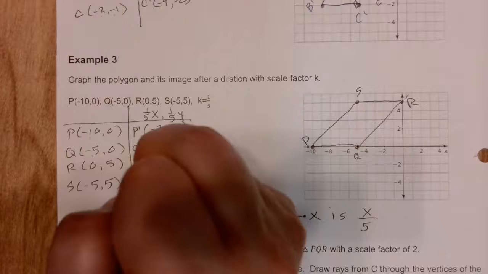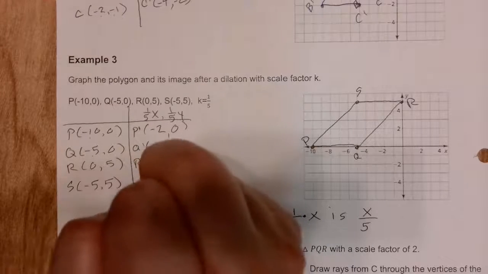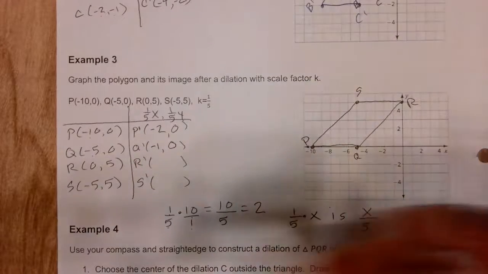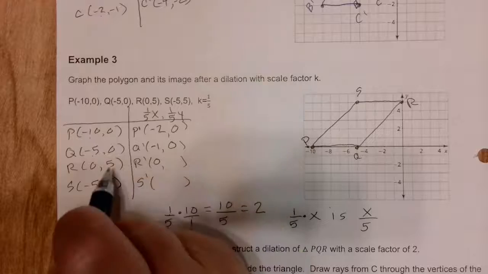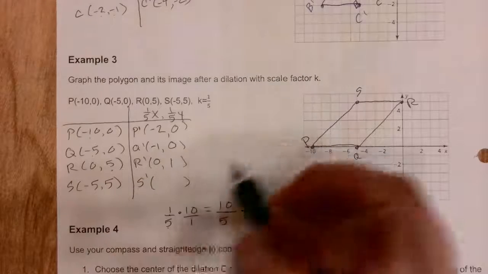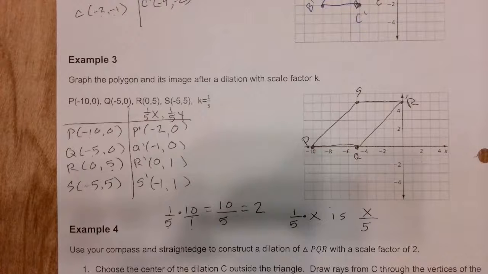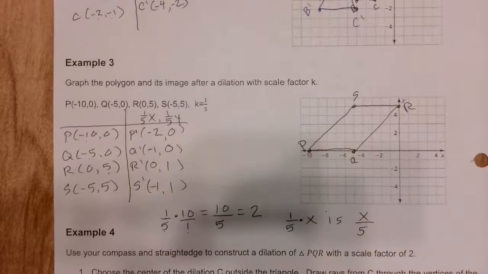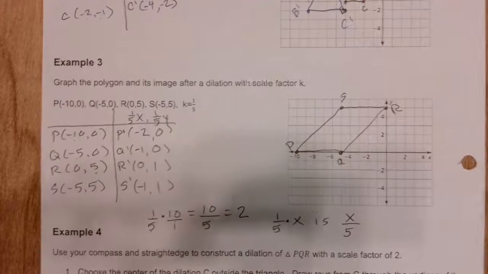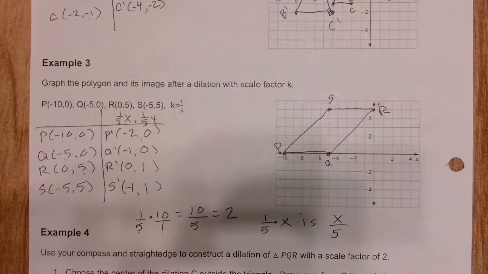Negative 5 divided by 5 is negative 1. 0 divided by 5 is 0. 0 divided by 5 is 0. 5 divided by 5 is 1. And then we get a negative 1 and a 1. You can do fractions and multiply. You can change it to division. It's up to you. The arithmetic aspect of it is whichever way works best, or use a calculator and do it that way.